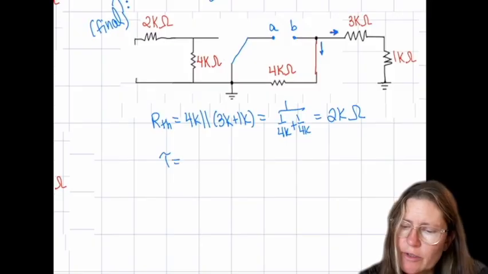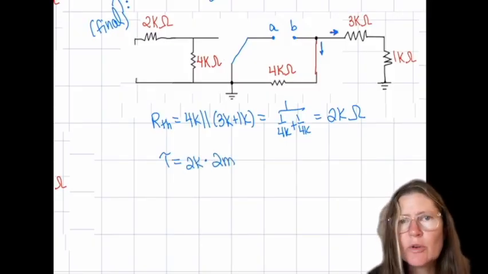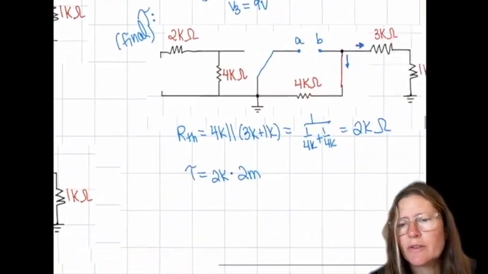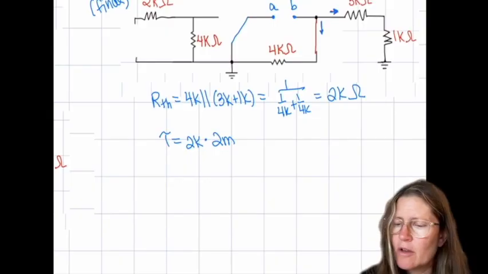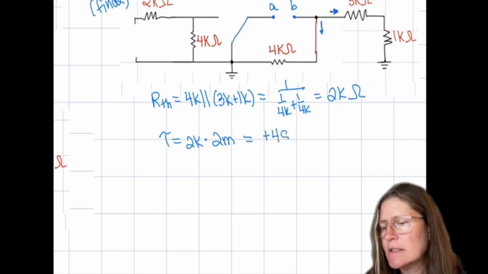So tau is 2K times C, which C, if you look back, was given as 2 millifarads. So this gives me 4 seconds.